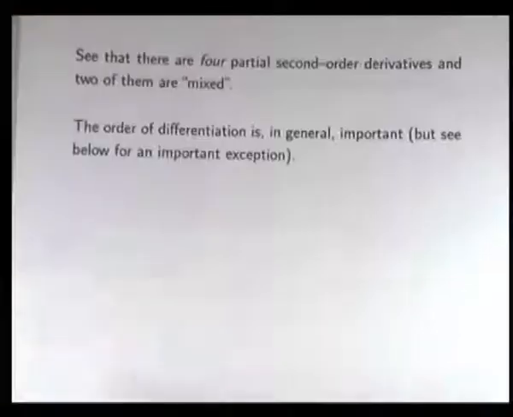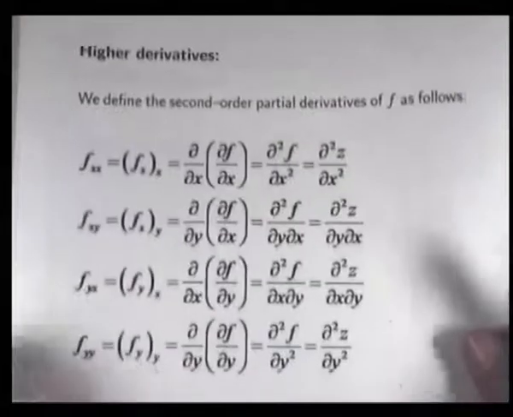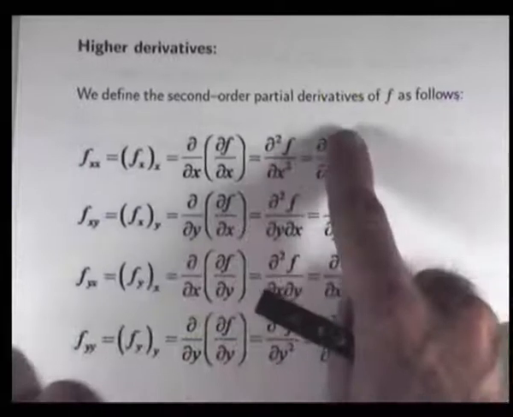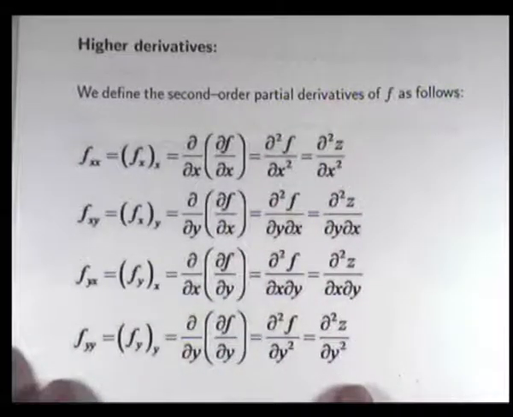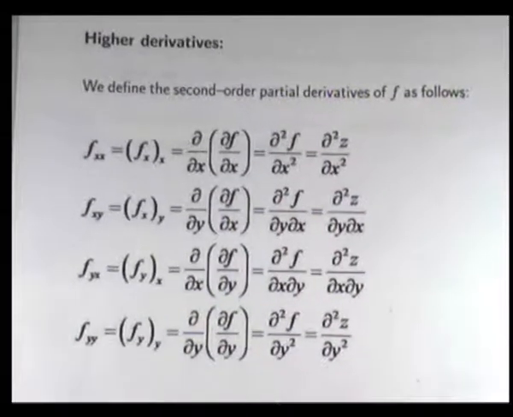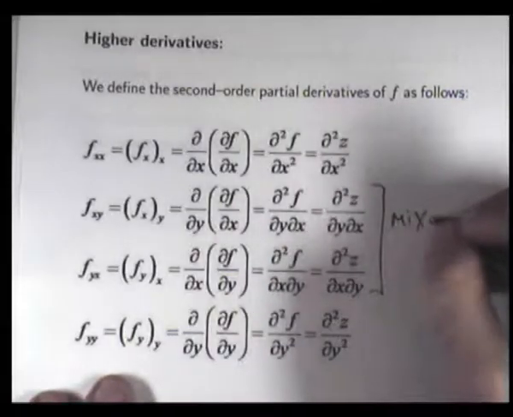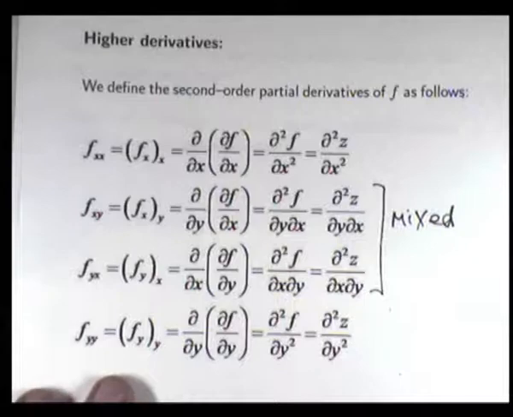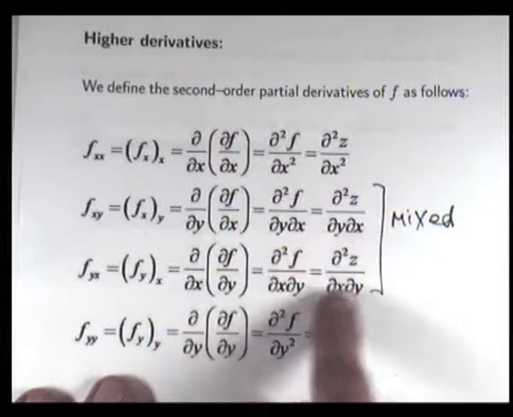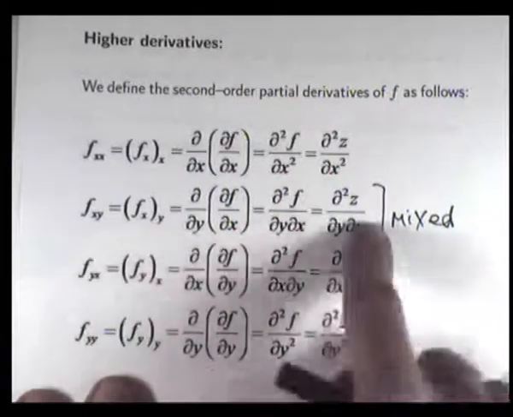Now, one thing that's important to point out, there are 4 second-order partial derivatives, and the two in the middle are known as mixed partials, because you can see you've got x's and y's here and here.